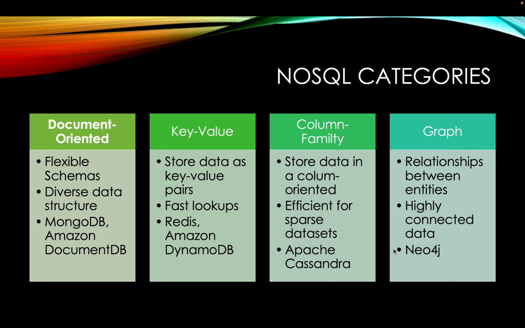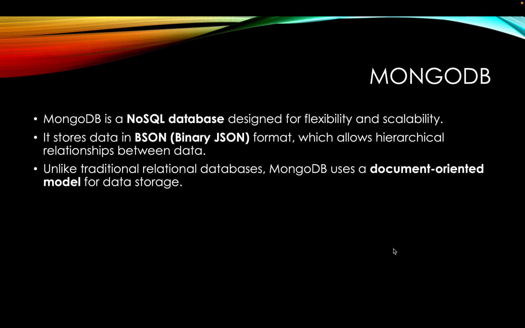So these are the NoSQL categories. And what is MongoDB? Of course, it is NoSQL, and it stores its data in BSON, or binary JSON. At the computer level it will be binary, but at the user level you will see all data in the same style as JSON.